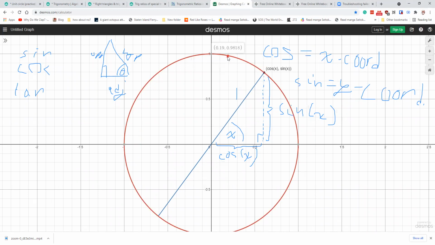In this case, the cosine would be equal to 0.19, and the sine would be equal to the y value, which in this case is 0.98, not 18.